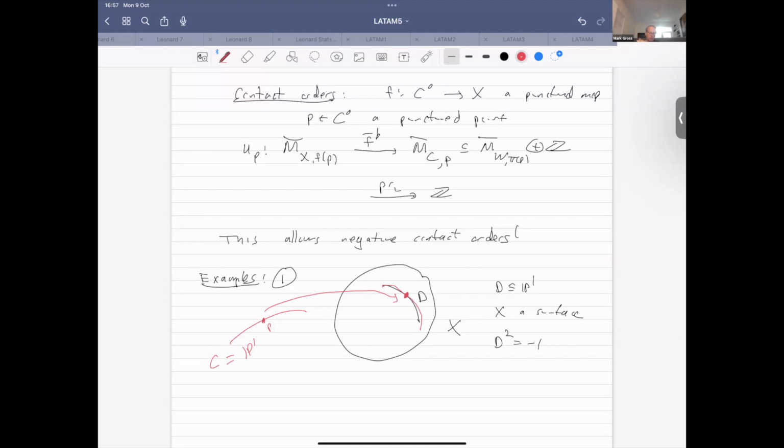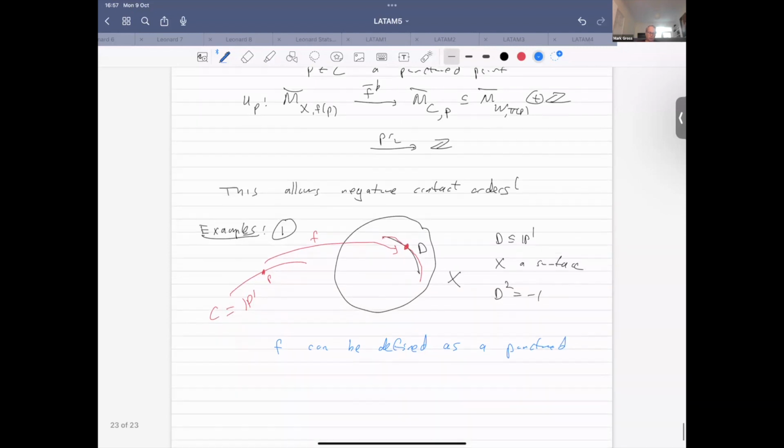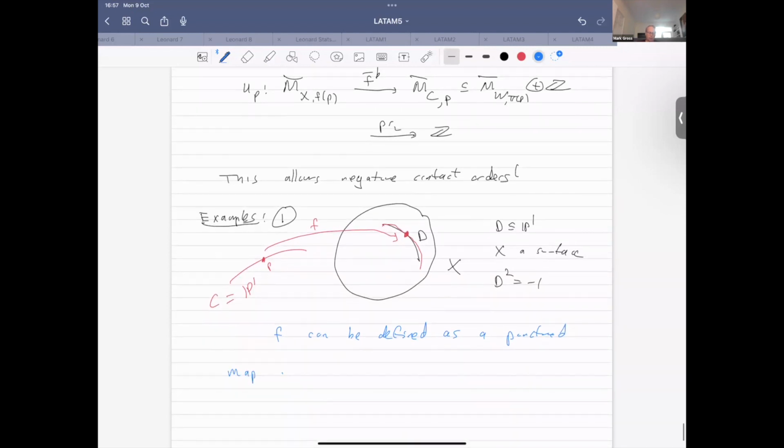Here it's not just the mark point. So f can be defined as a punctured map so that it has contact order -1.